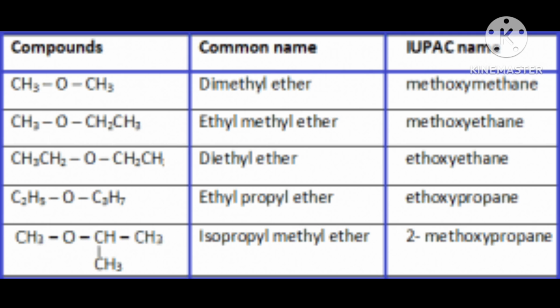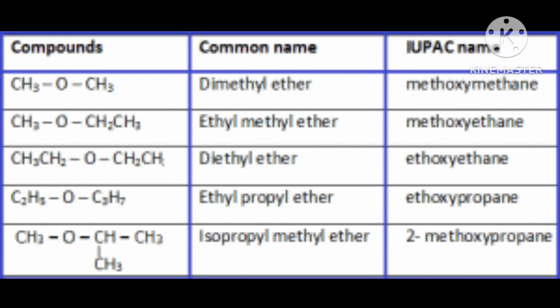Carbon number 1 and carbon number 4 means para position, ortho, meta, para. If it is in the para position, then it is called hydroquinone. Two names are there, hydroquinone or the other name quinol. Both are OH.